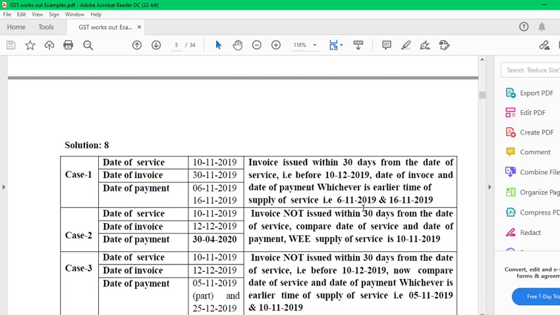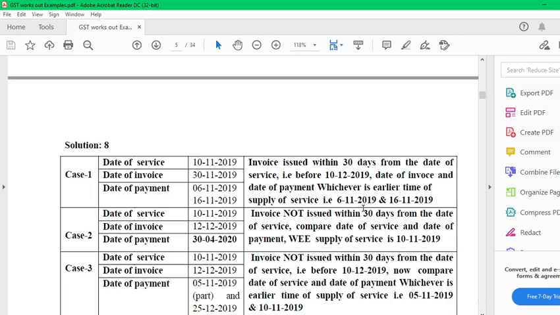Is the invoice within 30 days from the date of service? How can you check this? 30 days from 10/11 means 10/12, and the invoice is before that, in the 11th month. So it is within 30 days. Hence you take into account the invoice and payment date, whichever is earlier. Payment dates are 6/11 and 16/11. The earlier date, 6/11, is considered the time of supply.